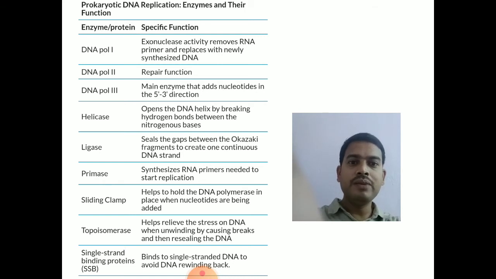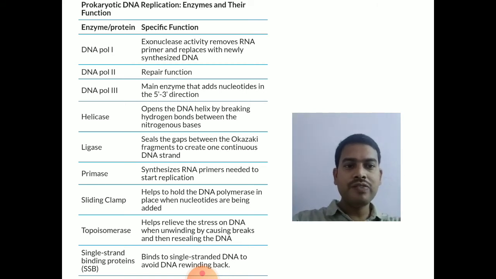Whereas DNA polymerase 3 is called the principal enzyme, or the main enzyme, in the process of DNA replication. It has 5' to 3' polymerization activity and 3' to 5' exonuclease activity. The main difference between DNA polymerase 1 and 3 is that DNA polymerase 1 has an extra activity, that is 5' to 3' exonuclease activity.